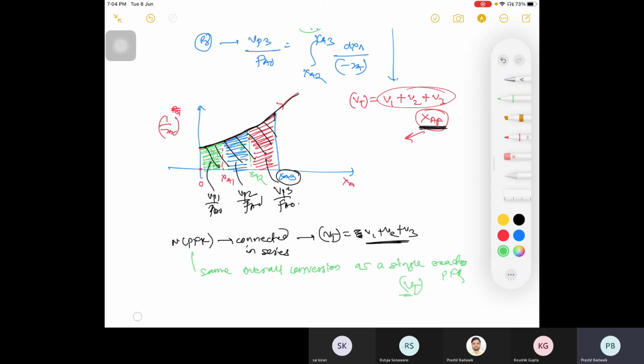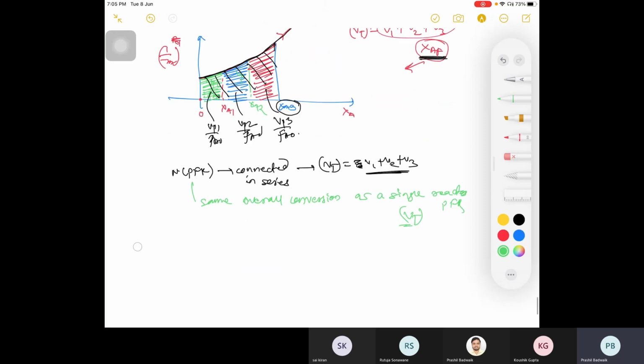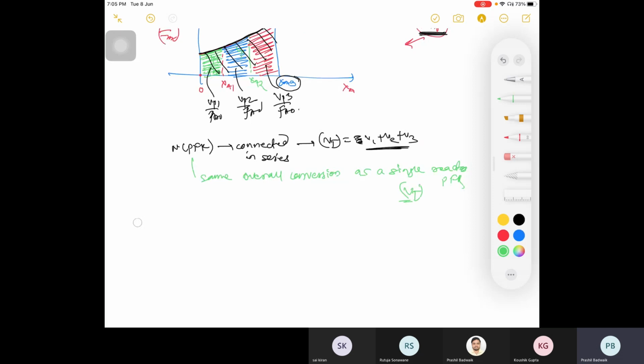So there is no advantage of breaking your single PFR into individual ones, but there is definitely an advantage of breaking your CSTR into individual ones. So this was about PFRs connected in series.